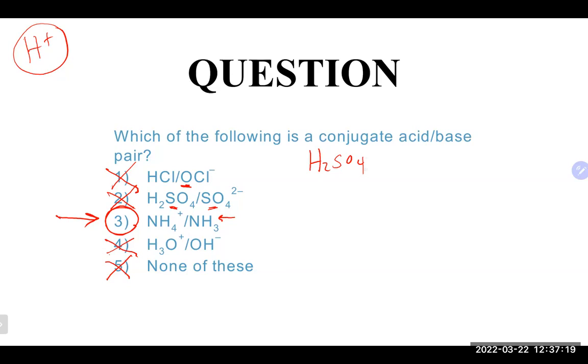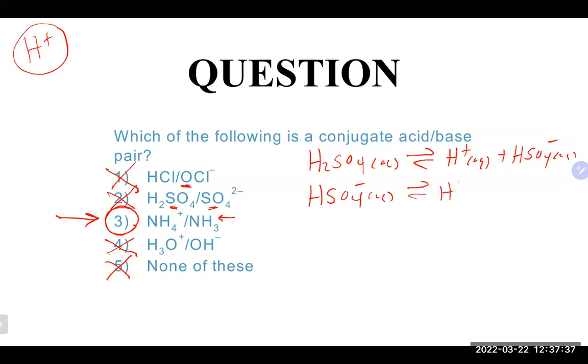So what would happen with something like sulfuric acid is that the first thing that happens is it drops that first hydrogen and forms HSO4-. Then the second process is that HSO4- drops off the second hydrogen and makes SO4 2-. It's a step-by-step process.